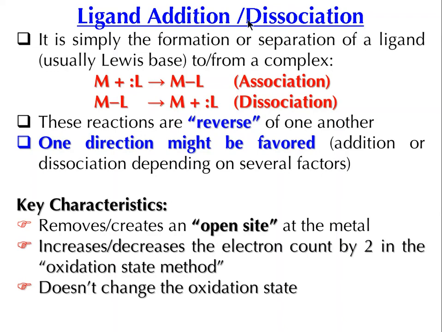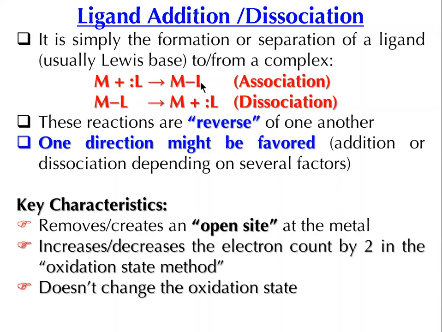Ligand addition or ligand dissociation. It's simply the formation or separation of a ligand, usually a Lewis base, to or from a complex. We have a metallic center, we add a ligand L to form the bond ML.